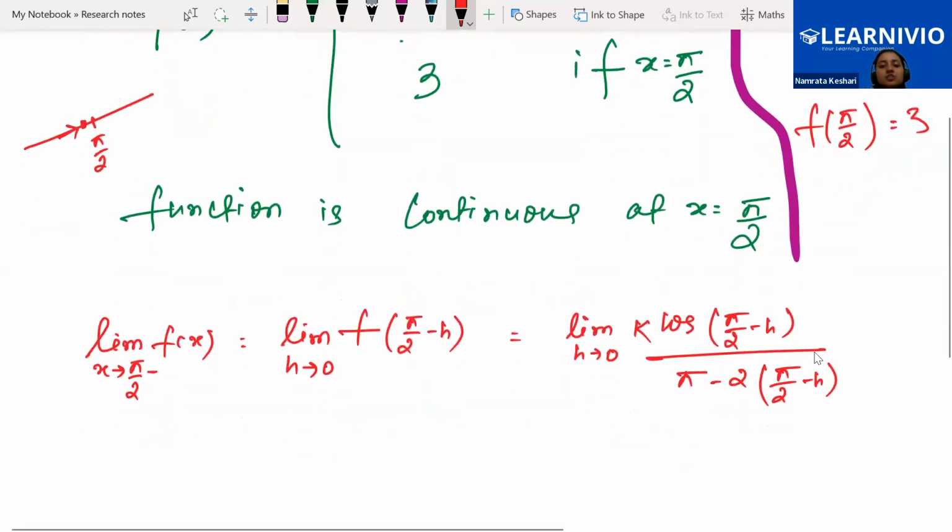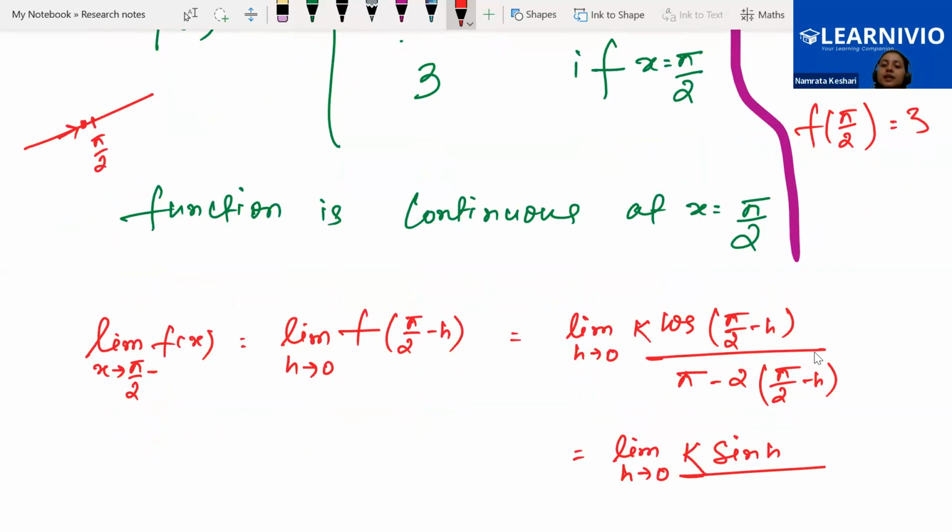Cos of pi by 2 minus h is what? Sin h. Okay, k sin h. And in the denominator, what are we going to have, Fatima? Please do the calculation and let me know. 2h.